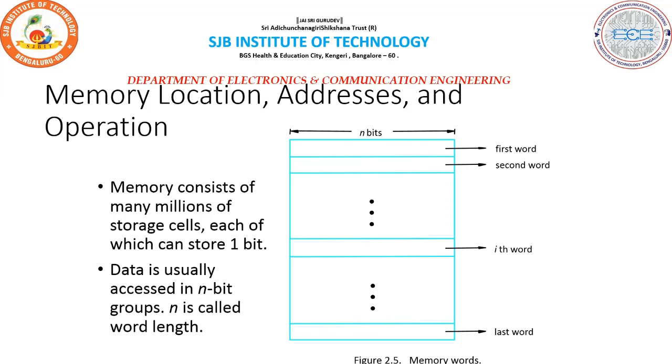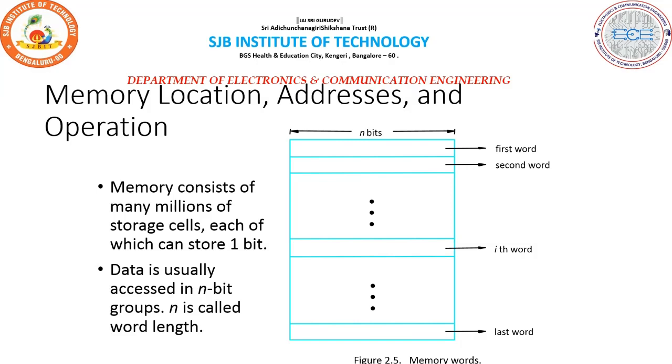The 2^k addresses constitute the address space of the computer, and the memory can have up to 2^k addressable locations. For example, a 24-bit address generates an address space of 2^24, which is 16,777,216 locations.